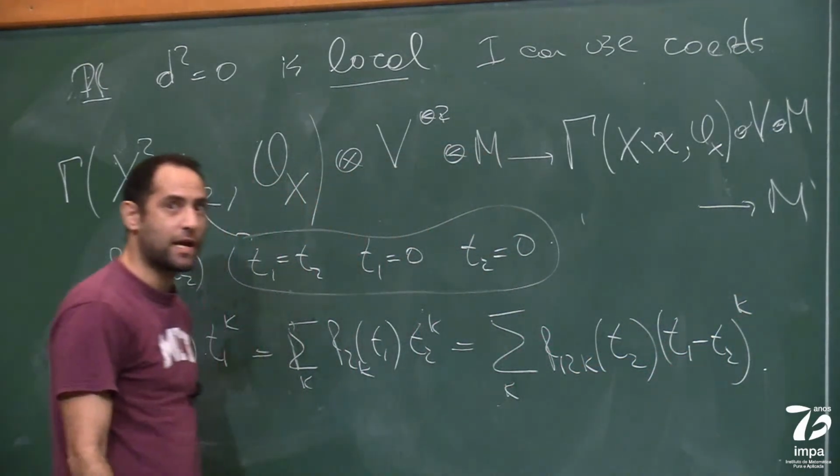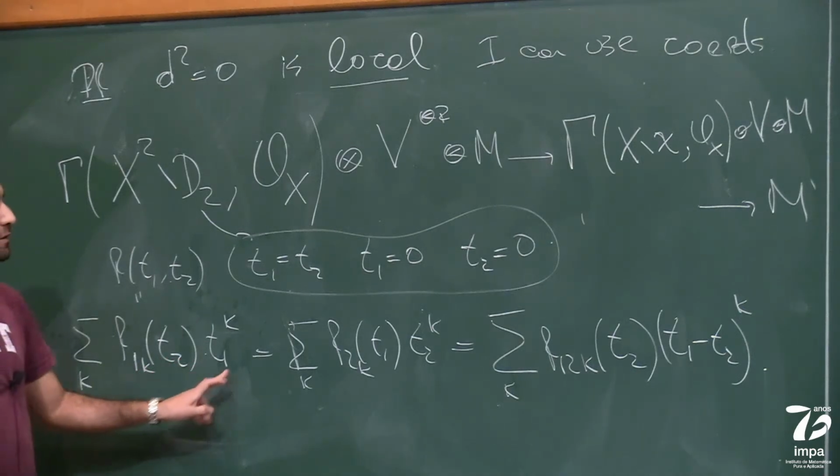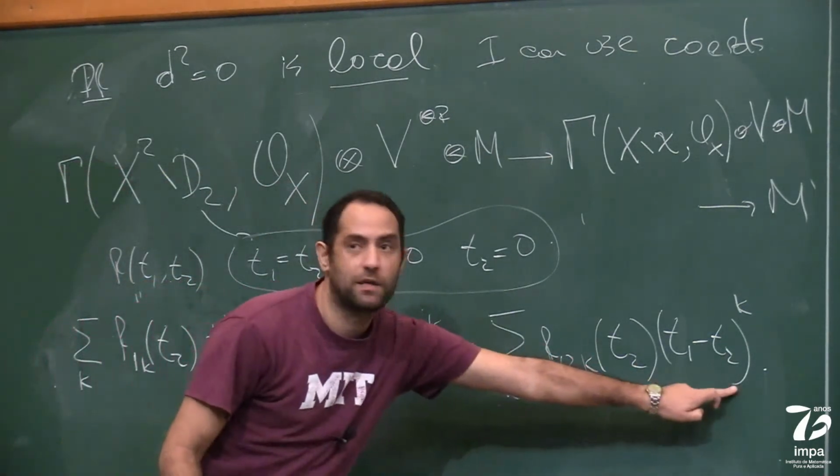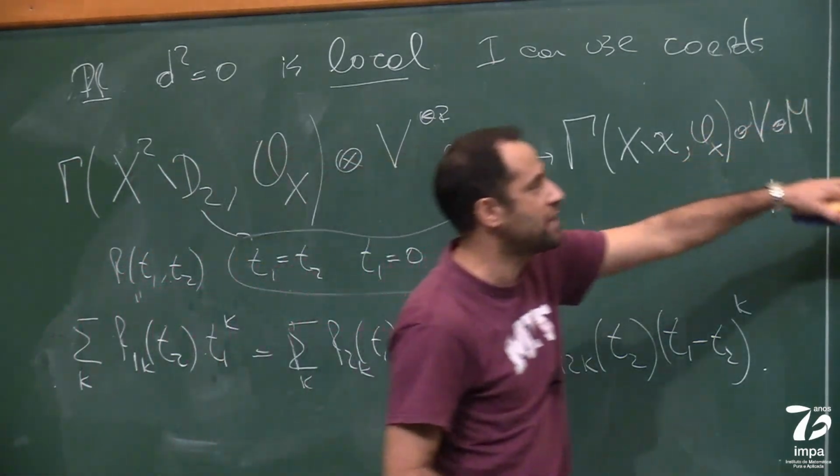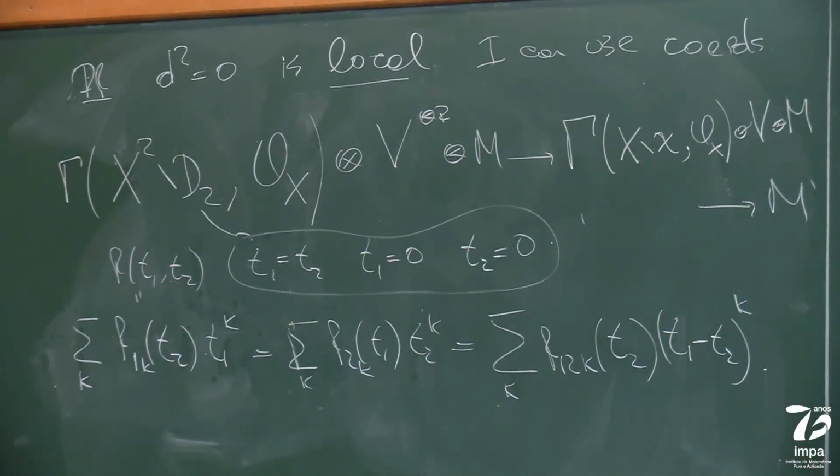So I'm taking the three expansions near t1 is equal to 0, t2 is equal to 0, or t1 is equal to t2 that are the possible poles for that function.